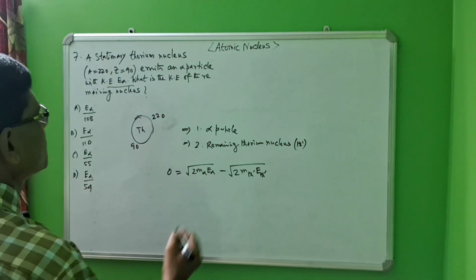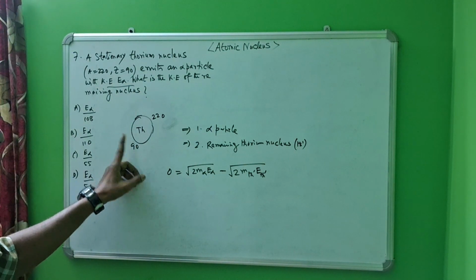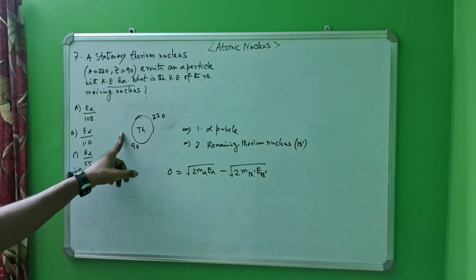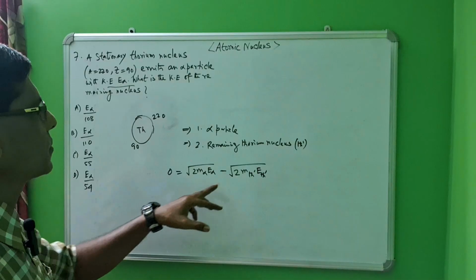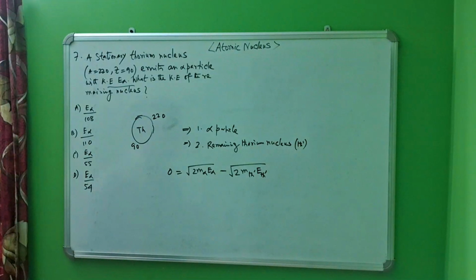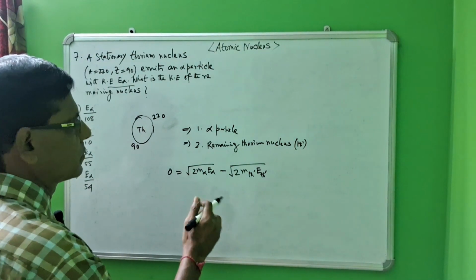Why minus sign? Because before the action, the momentum of the thorium nucleus equals 0. So after the action, the total resultant momentum will also be 0.